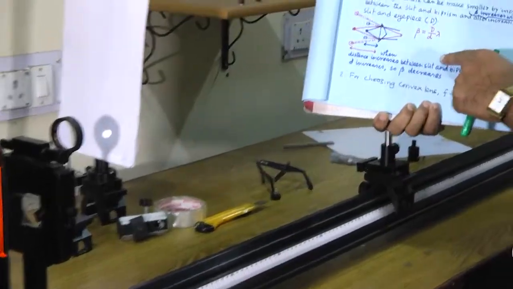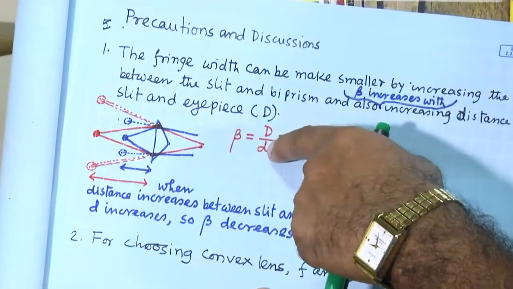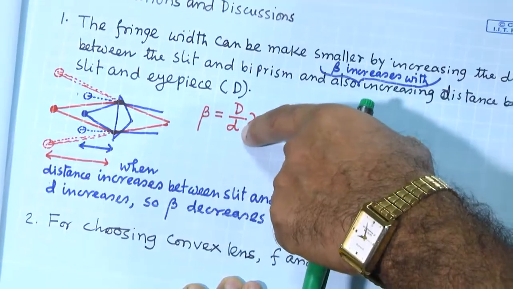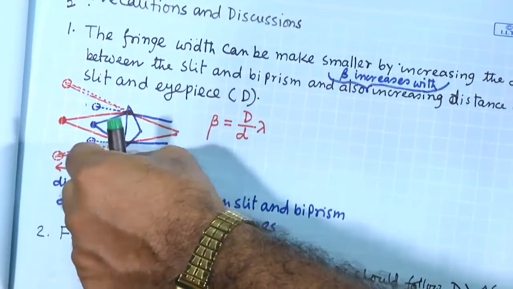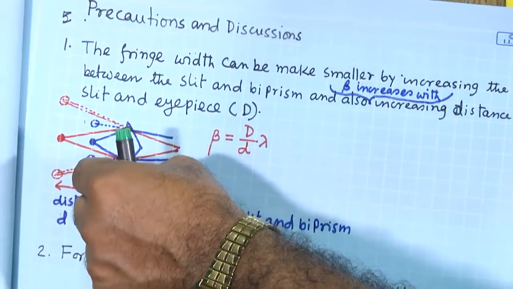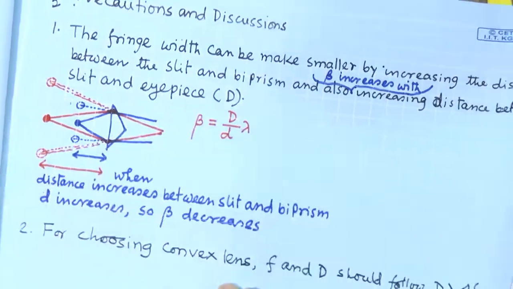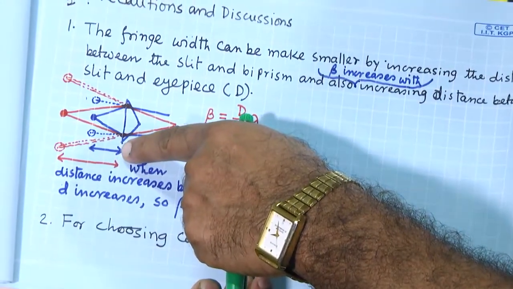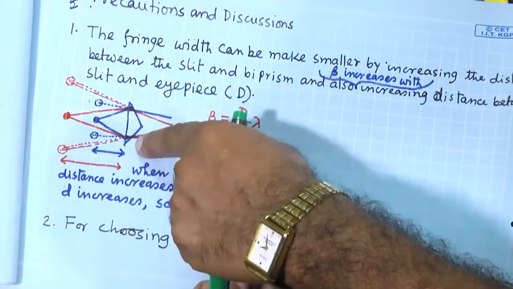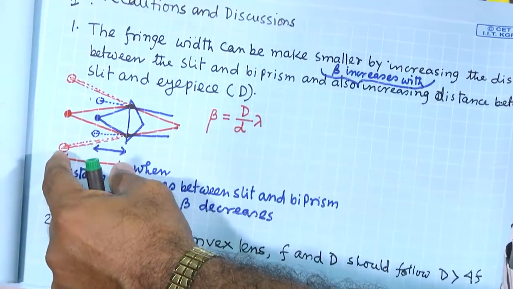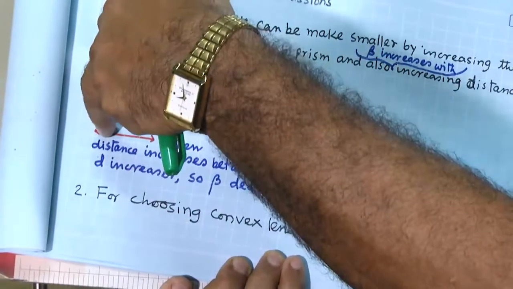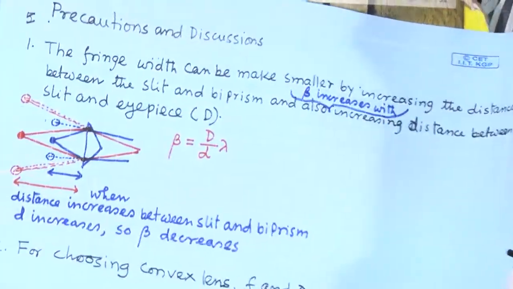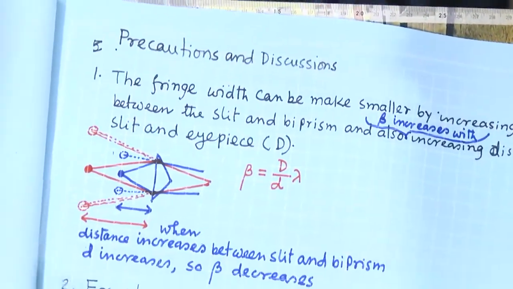Why? Because this small d depends on the distance between the slit and bi-prism. If the distance of the slit and bi-prism increases, the d value will increase.